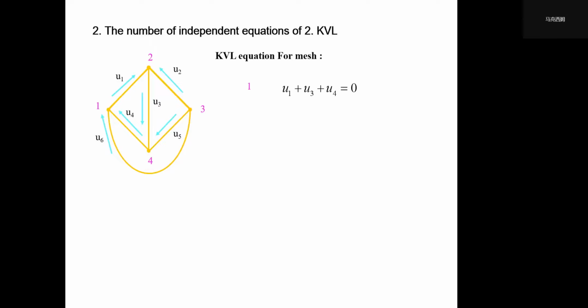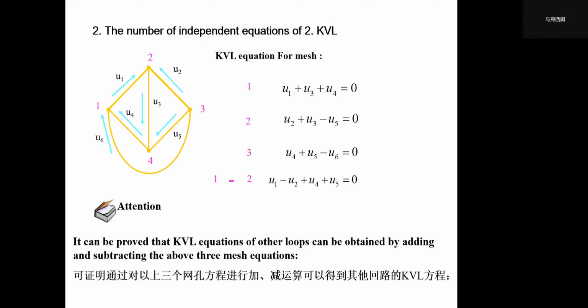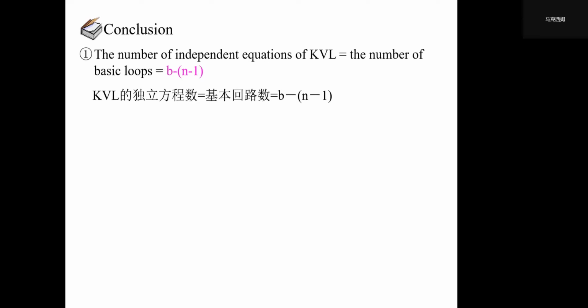So we can list the KVL equations, and we deduct them, and we can reach the conclusion that for the mesh equations we gained from this example, by adding and subtracting and other operations on these equations, we can gain the KVL equations for other loops. So the conclusion is very certain.